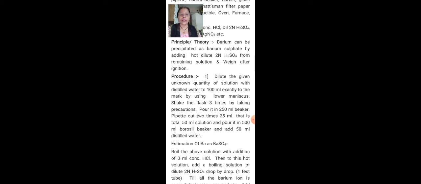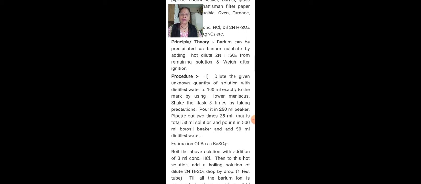Pour this solution into a 250 ml beaker. Now use a dry and clean 25 ml pipette, and take 50 ml of the solution by taking 25 ml two times with the pipette and pour it in a 500 ml borosil beaker.